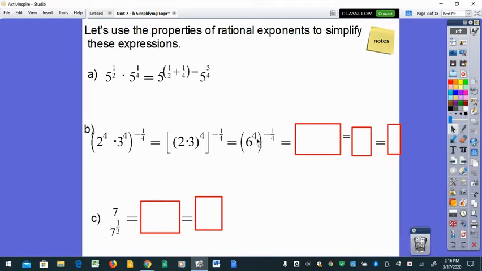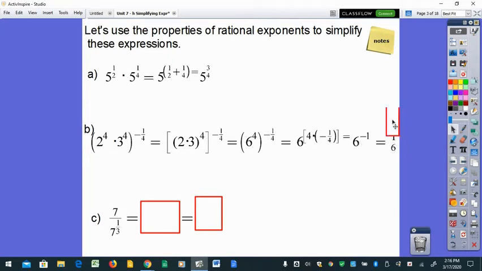When we raise a power to a power, I'm going to multiply 4 times negative 1/4, which would give me 6 to the negative 1. I was just showing you that step. And to convert that negative exponent to a positive exponent, I'm going to reciprocate and end up with 1/6. And in this case, making that power of 1 the invisible 1, 1/6.